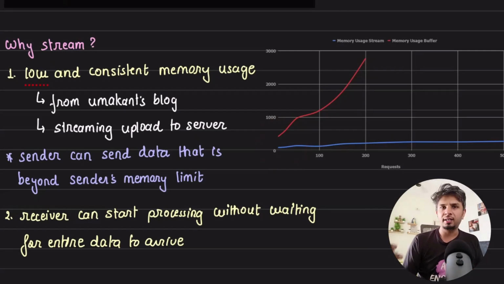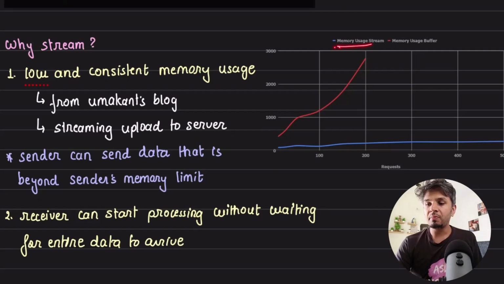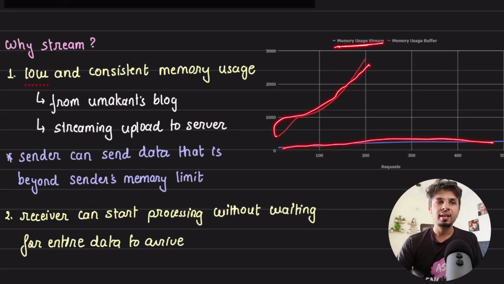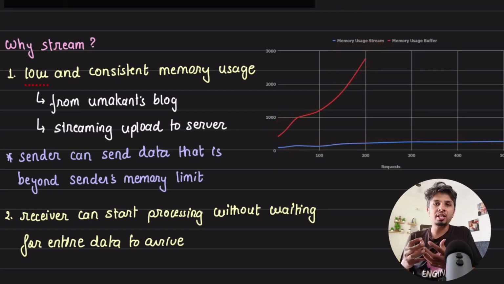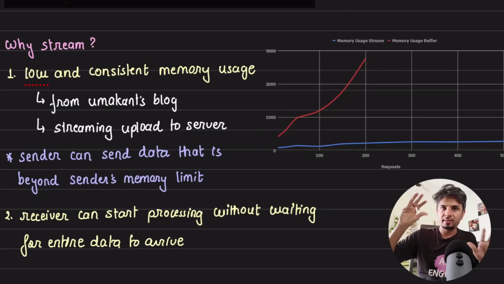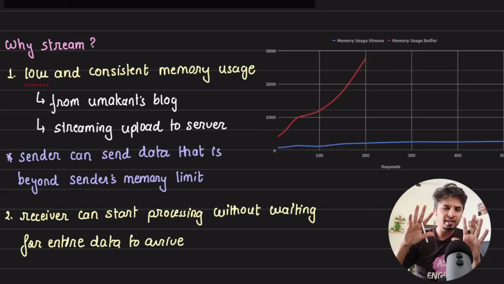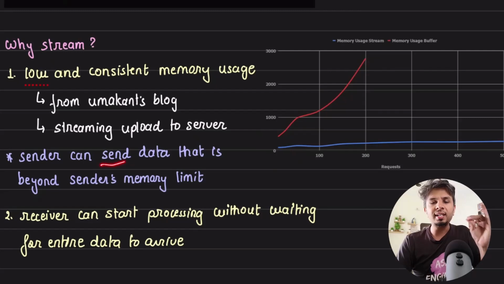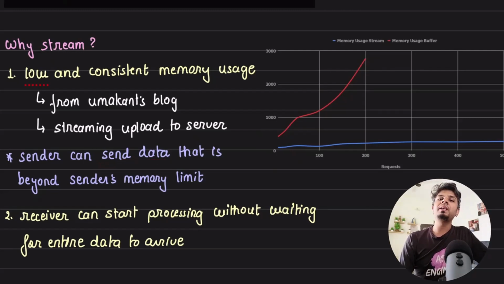You can very clearly see that memory usage for streaming is constant, while if you buffer, it increases. Whoever the sender is, be it server or client, the sender is able to send data that is beyond the sender's memory limit.